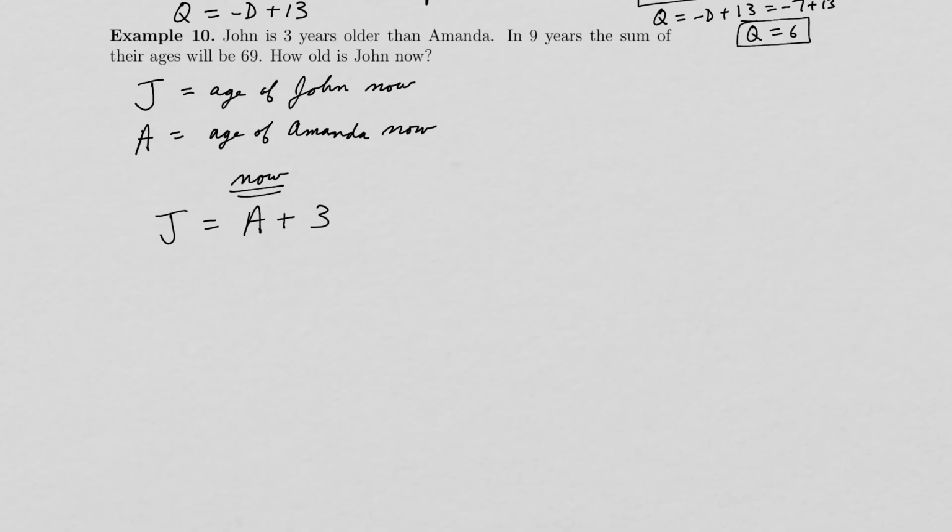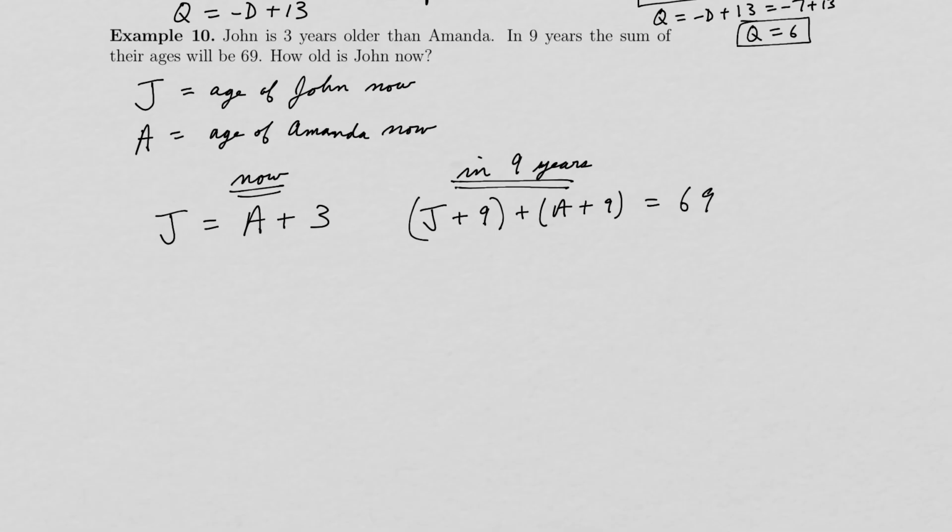And then in 9 years, it's saying that the sum of their ages will be 69. Well, how old is John going to be in 9 years? Well, John will be J plus 9. Right? And then how old will Amanda be in 9 years? Amanda will be A plus 9. So if I add those together, I must get the sum. It's saying the sum of their ages is 69.